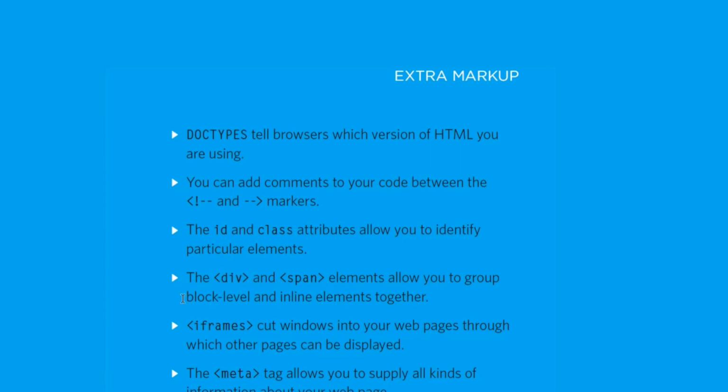Normally we use the div and the span elements to group block level and inline elements together. Iframes cut windows into your web pages through which other pages can be displayed. So let's say you want to display a map on your web page, you use those iframes.